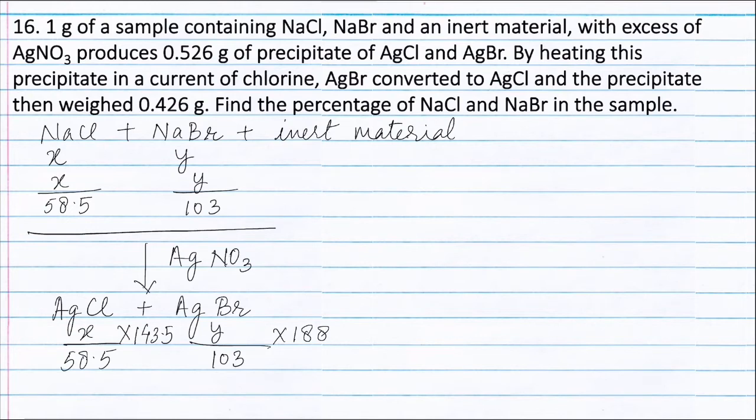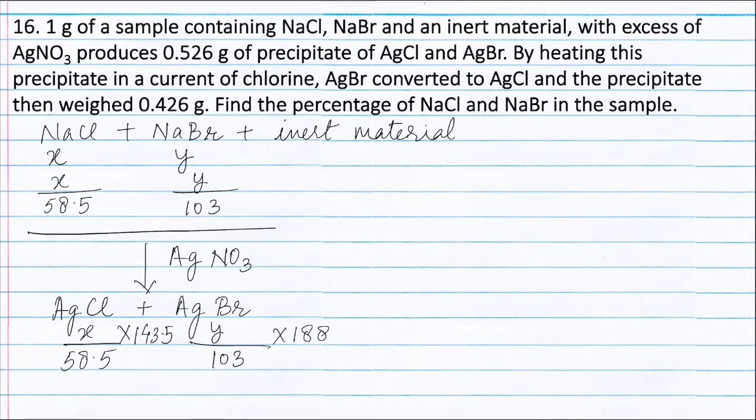Now, it is given that the sum of the weight of AgCl and AgBr is equal to 0.526 gram.